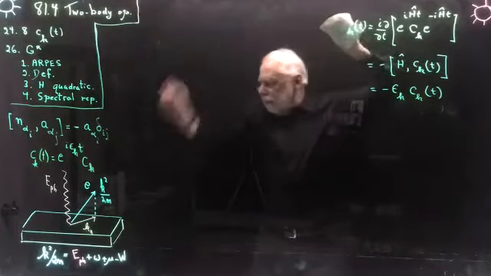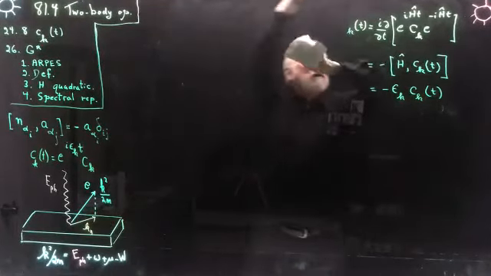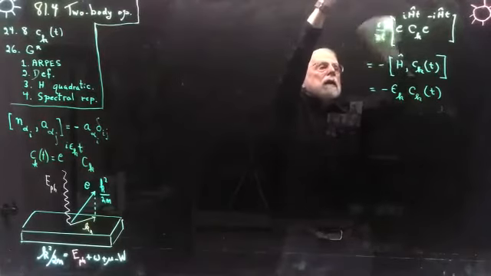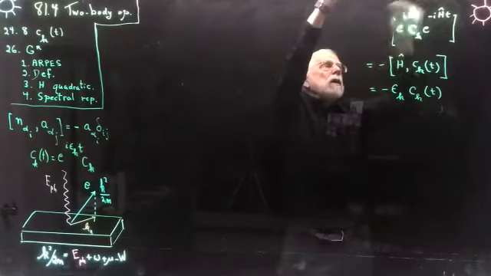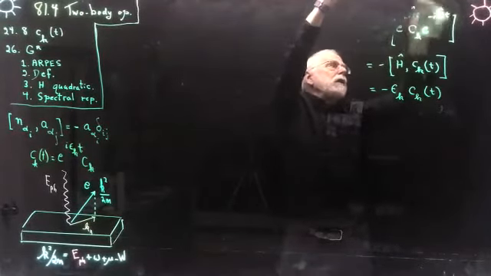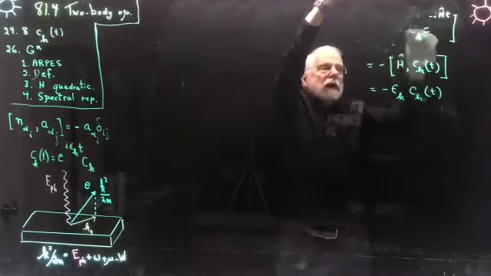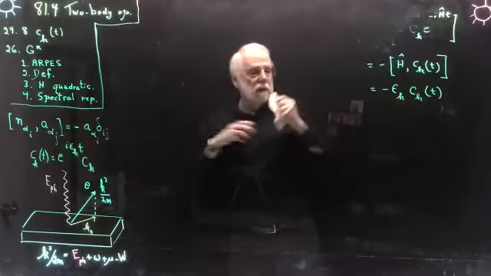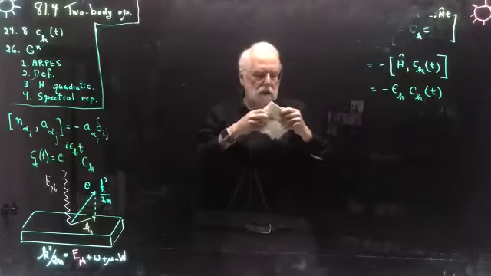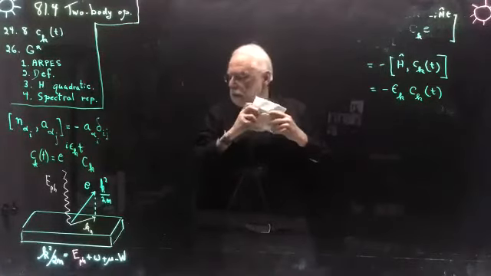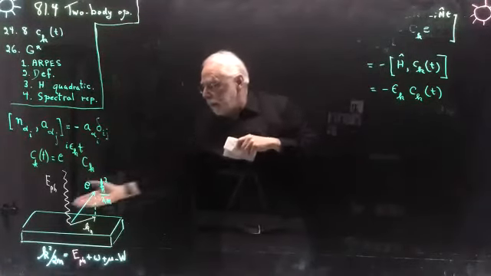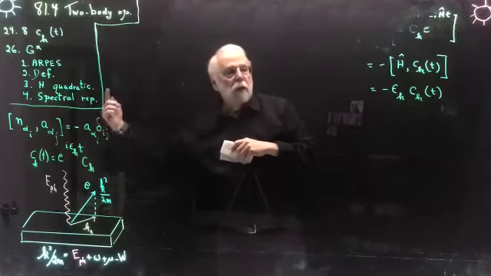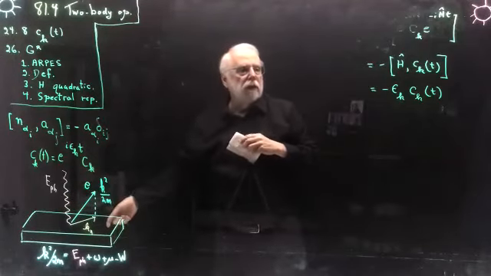Now you see I have emphasized here K parallel. Why did I do this? I did this because there is translational invariance in the plane here. So this momentum is conserved, but not the one perpendicular to the surface.